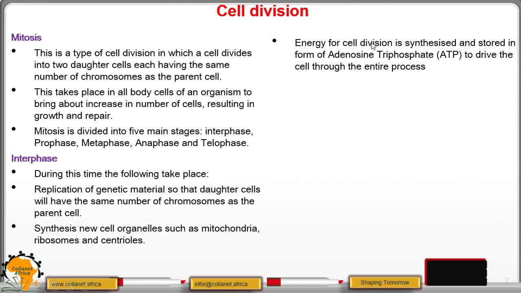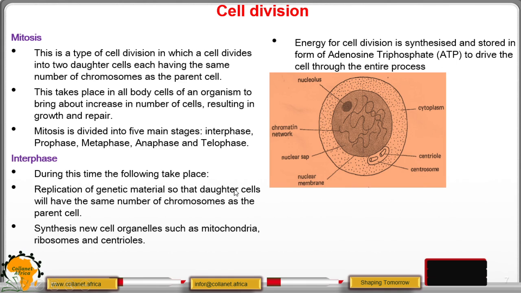Now, the energy for cell division, which is produced by the mitochondria, is synthesized again and stored in the form of a molecule called adenosine triphosphate, so that energy drives the entire process.